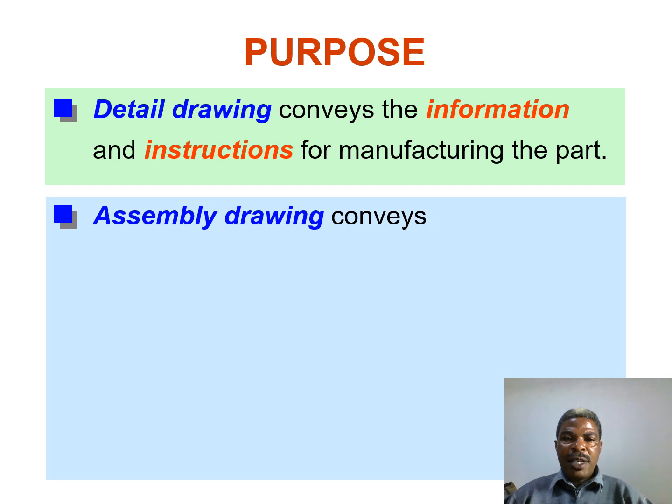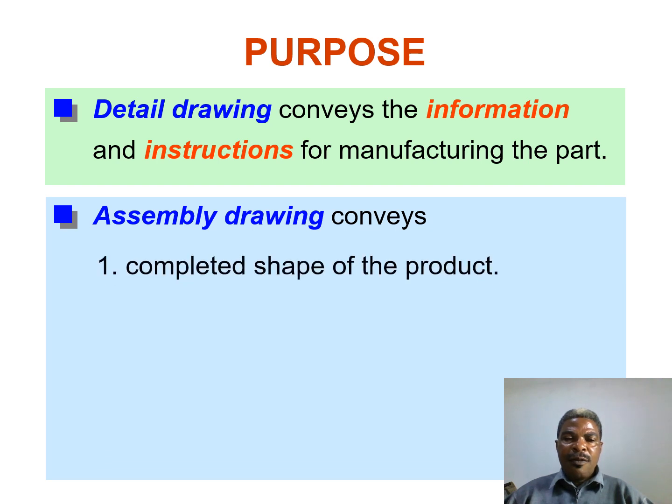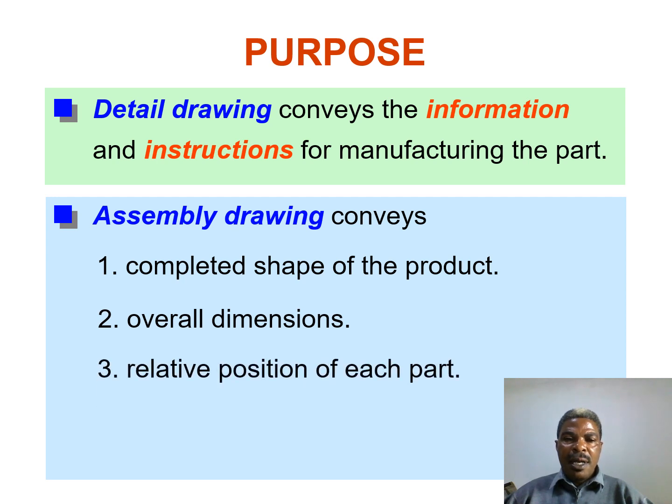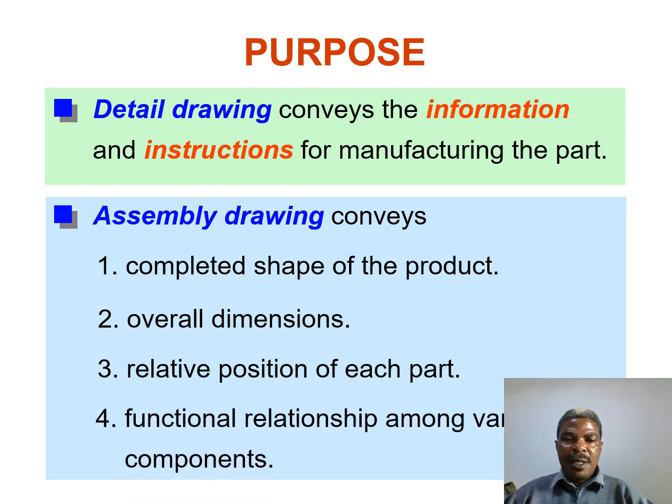Assembly drawing conveys the information about the completed shape of the product, how it looks like, and overall dimensions, the relative position of each part, and functional relationship among various components that form a machine.